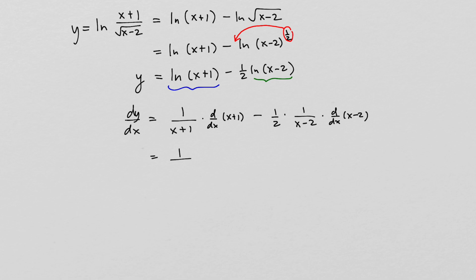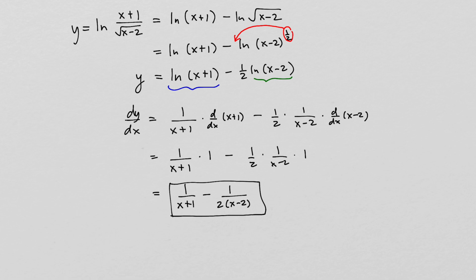And this is equal to 1 over x plus 1 times 1 minus 1/2 times 1 over x minus 2 times the derivative of x minus 2, which is also 1. And so we can simplify this by writing it as 1 over x plus 1 minus 1 over 2 times x minus 2. And we can actually just leave our answer in this format, or you could combine your fractions together to get a simplified answer.